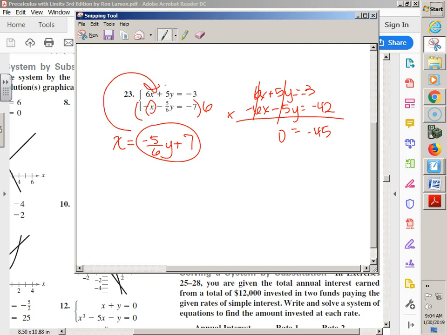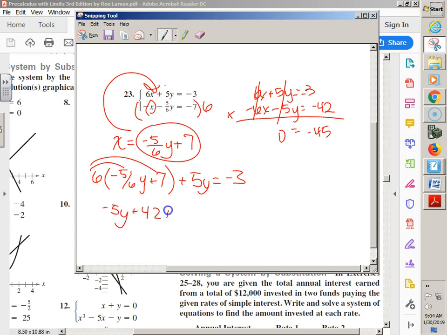And when you plugged it in, you would have multiplied that quantity by 6. And I think you would have had a false statement. Well, you should have had a false statement also, because negative 5y, because that 6 is going to cancel, plus 5y is still going to cancel, right? Is that still false?